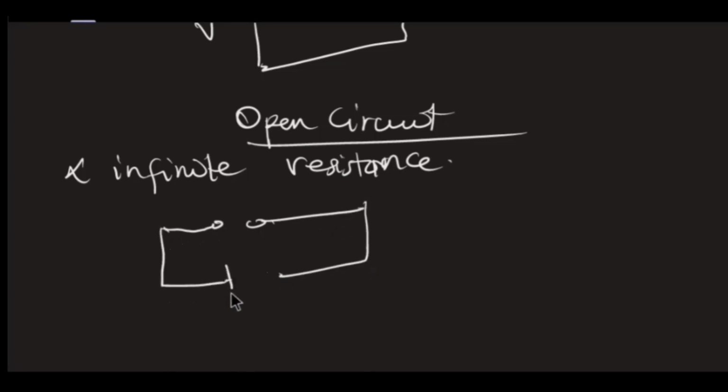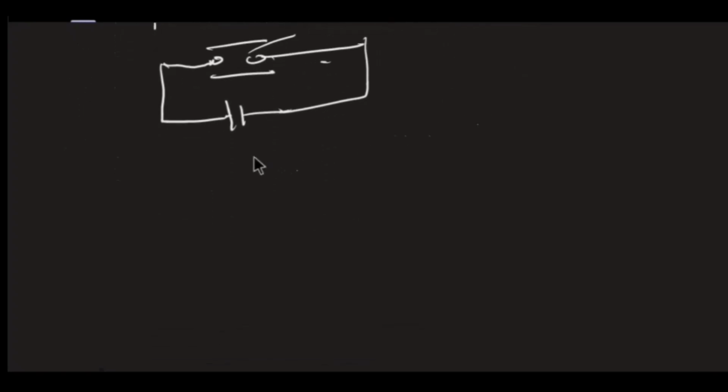So assuming you have a source here and this point, this is an open circuit. The resistance is infinite so current cannot jump from here to this side. And whenever there is an open circuit, there is no flow of current and that whole section will be off.